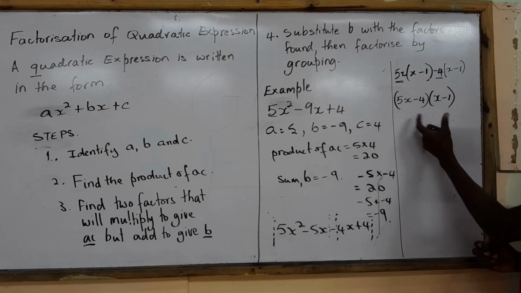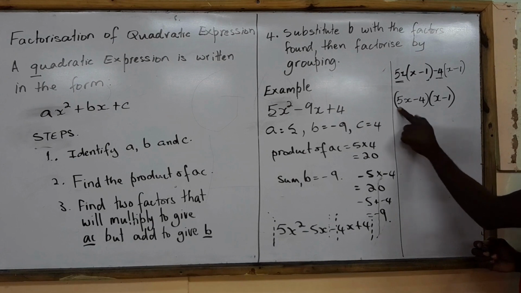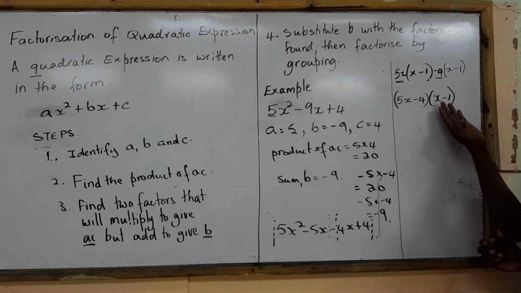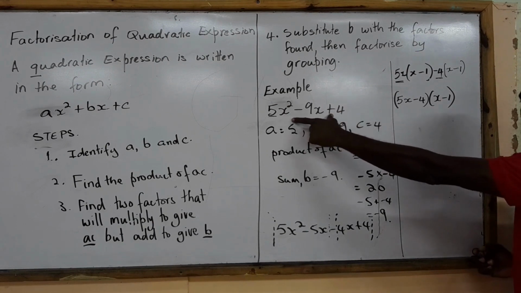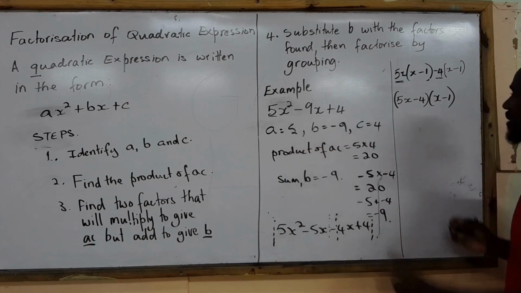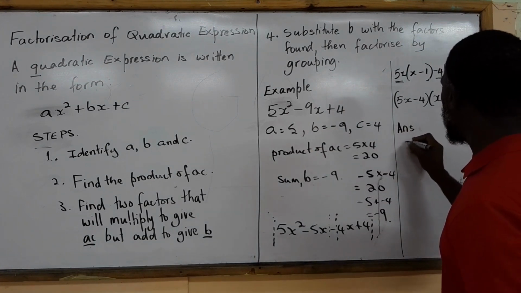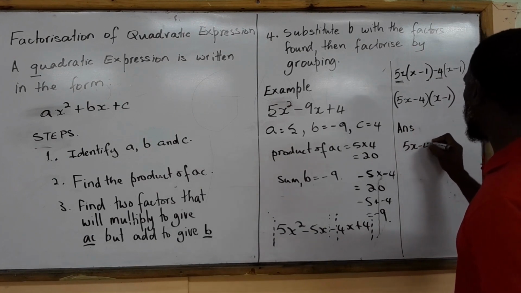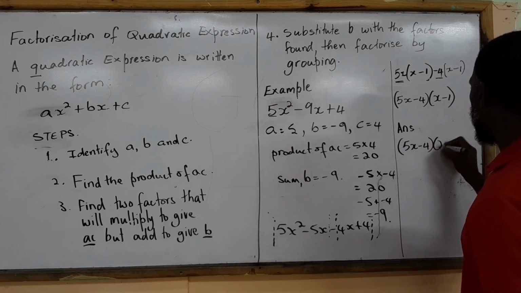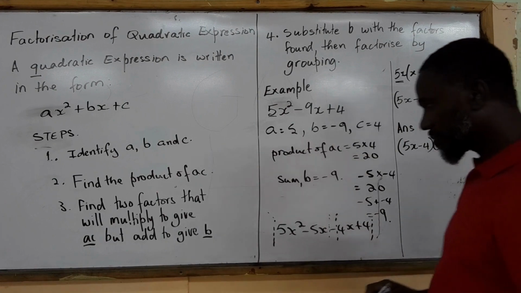So what we have simply done here is to factorize this expression. Okay? So our answer is 5x minus 4 times x minus 1.